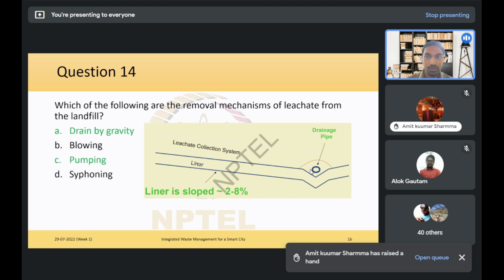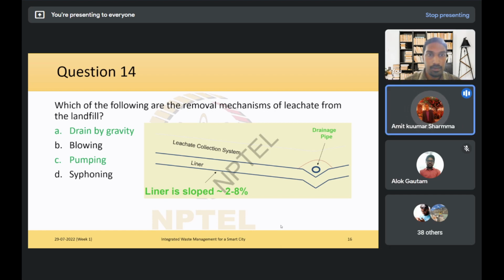If we can, we should try to drain by gravity so that it is more efficient, because there could be issues associated with pumping, right? It could get clogged, or if it goes out of operation, it's not very easy to access once we have closed the landfill. It will become very messy to deal with that. Therefore we should prefer drain by gravity. Yeah, Amit, do you have a question?